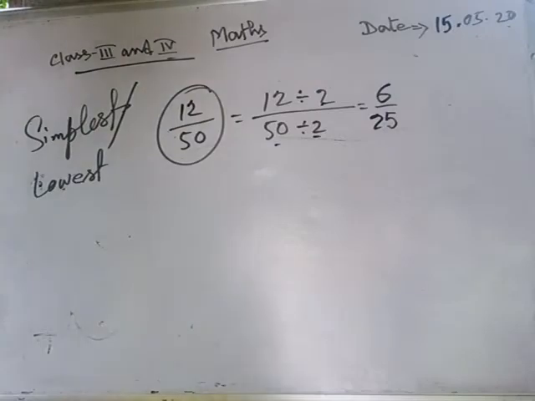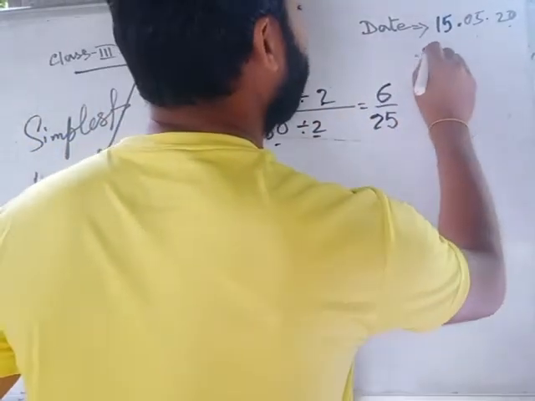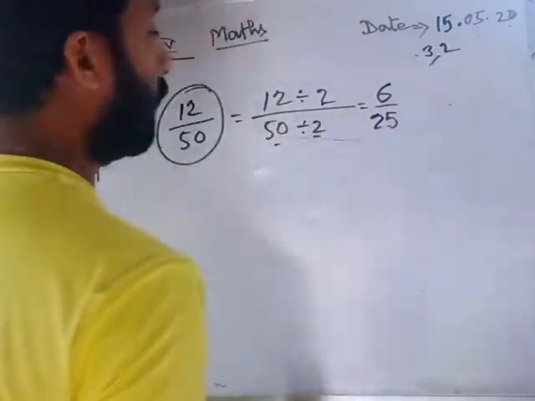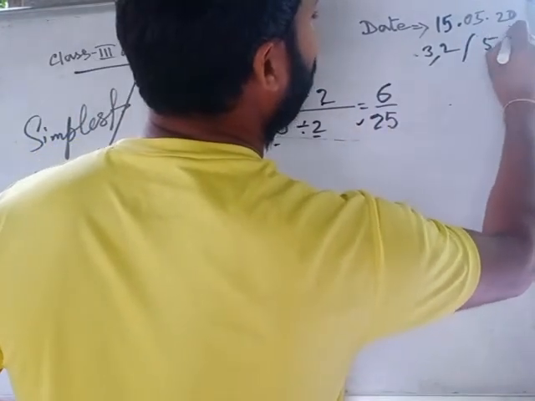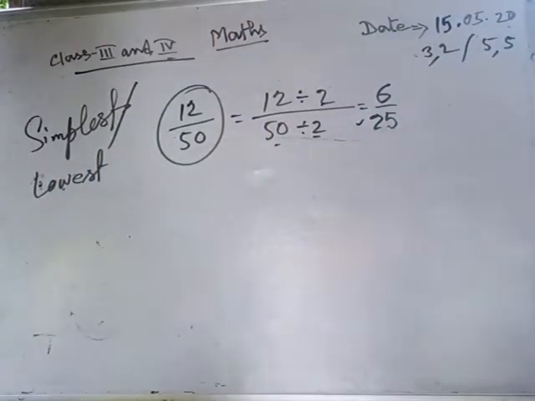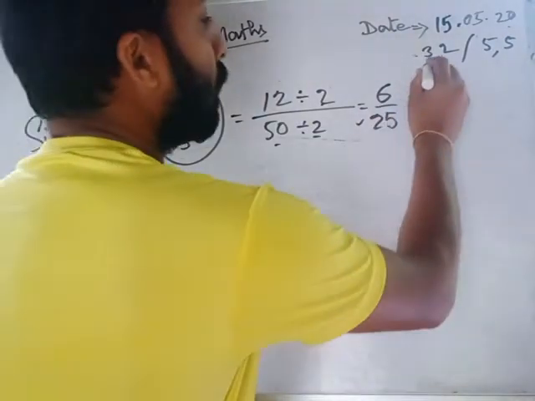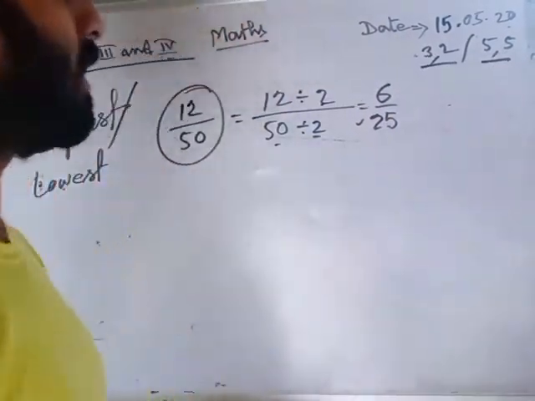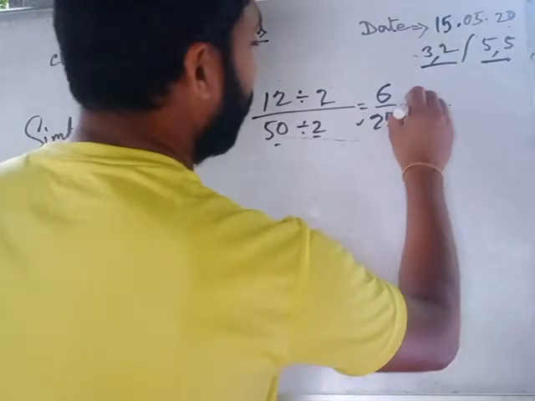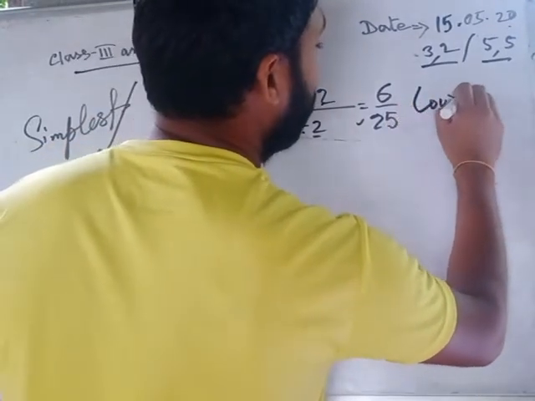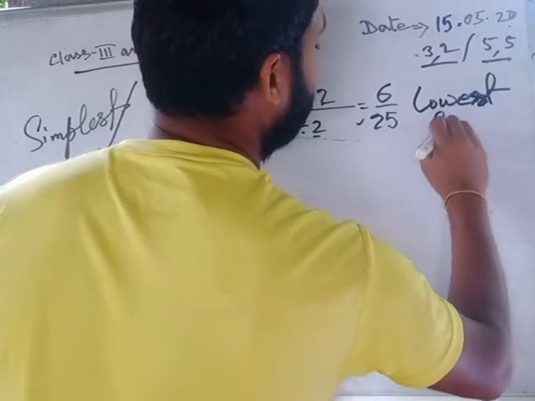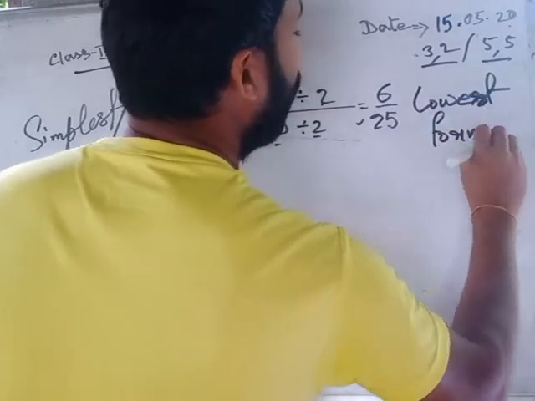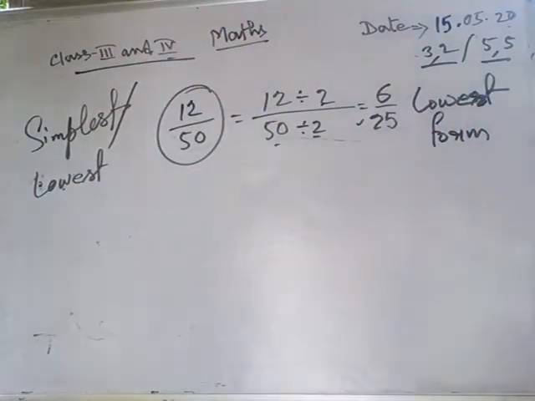You understand? 6 is divisible by 3 and 2, and 25 is divisible by 5 and 5. That means there is no common number. At that time it is the lowest form of this fraction.